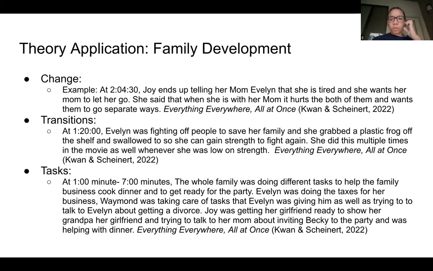I think that was not a big change in the movie, but a change that stood out to me, where it's definitely hard for the mom to see her daughter change and want to be separated from her.